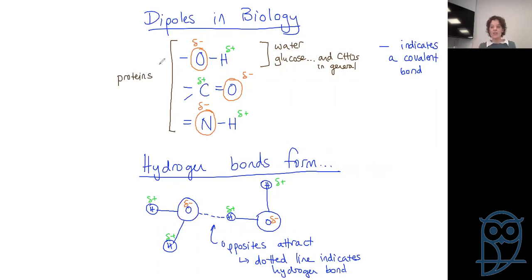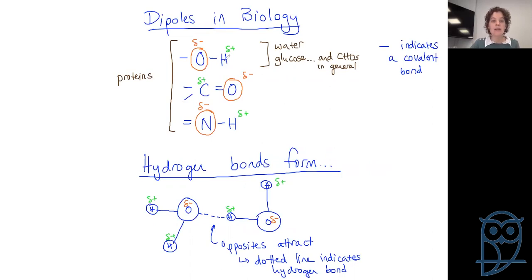So now you're getting to maybe understand why hydrogen bonding forms such an important part in protein structure. We've got lots of dipoles going on in our amino acids. And when you have lots of dipoles going on, you have lots of opportunity for hydrogen bonding. And when you have lots of hydrogen bonding, you increase stability of the bond.